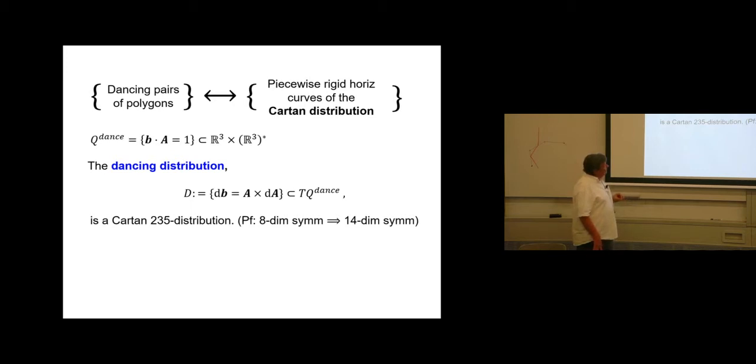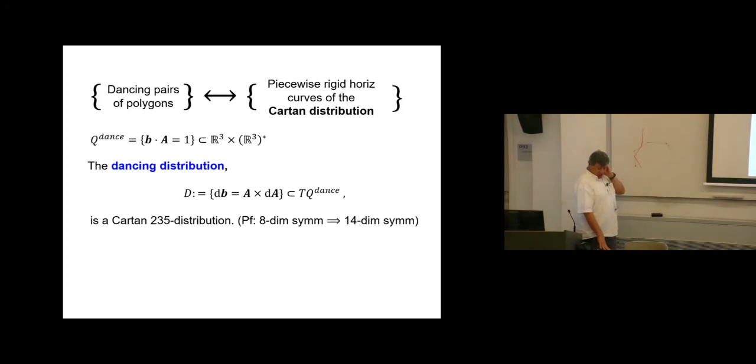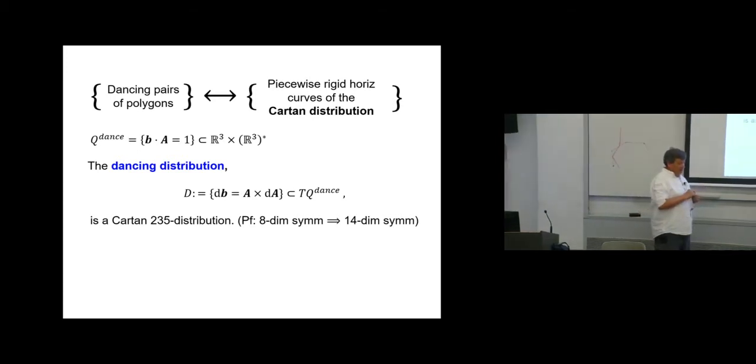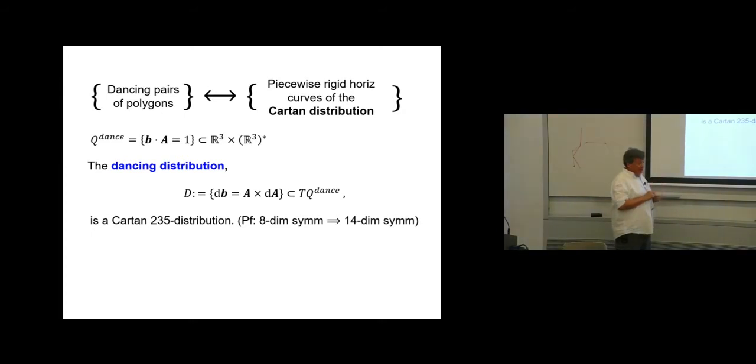So that's the magic of this transformation: dancing polygons are just like projection onto the projective plane. These cross ratio equations become something very simple from an abstract point of view, just like when you take a curve on this 5-dimensional quadric. In this case, these rigid curves are just actual lines in R6, exactly, lines contained in this quadric.